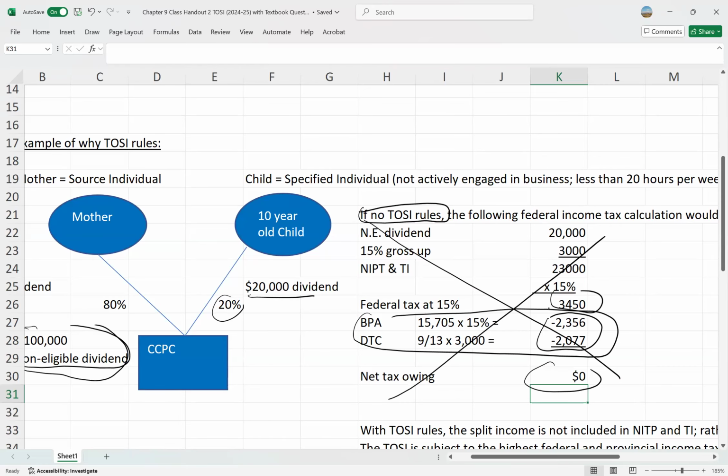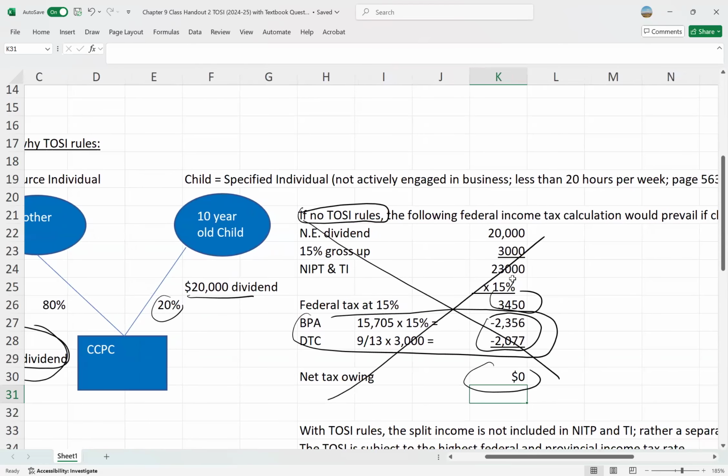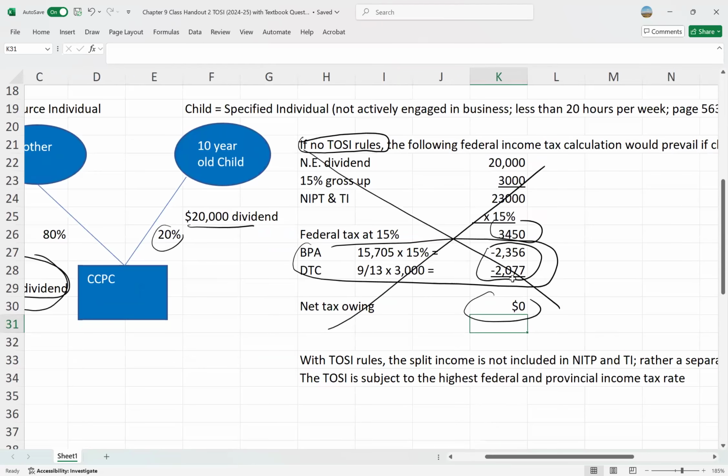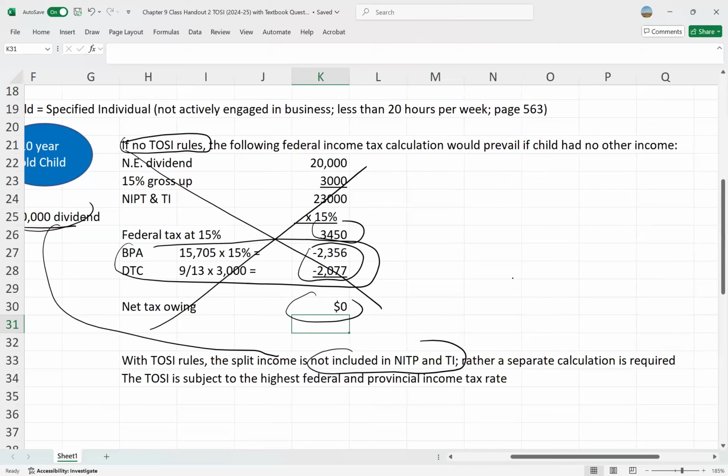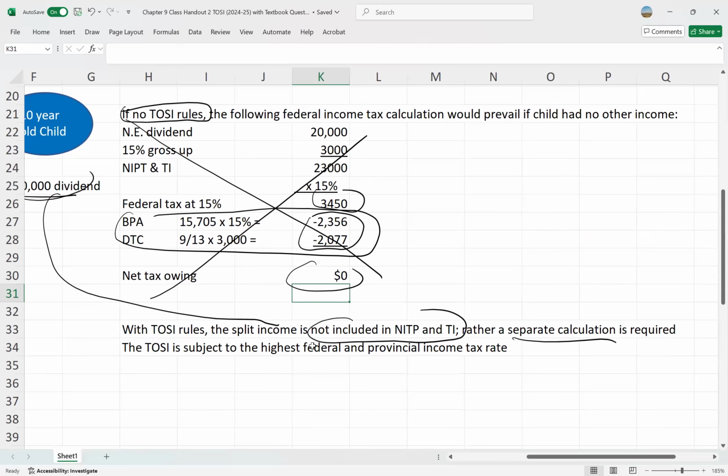The way that the TOSI rules work is that the split income, this 20,000, is not included in net income for tax purposes. Rather, a separate calculation is required. So they would figure out what amount is the split income. That would be separated.